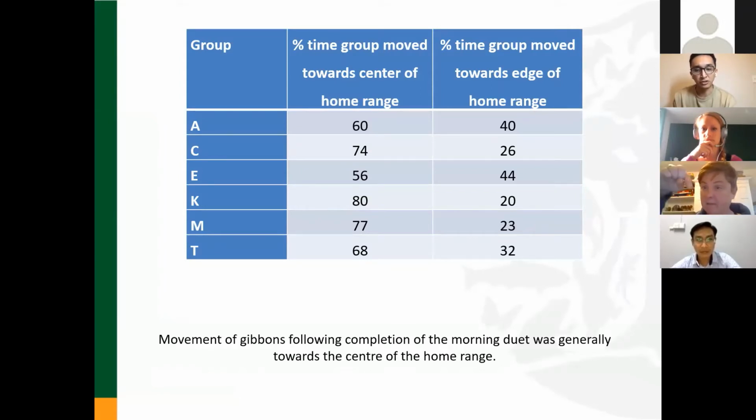And it tended to be that they would start at the edge of the territory and move further inside. I can't see my finger, sorry. Move inside, so back in towards that core area. Again, this gives us a really good indication of how gibbons are using their territory and home range in order to be able to use the habitat.